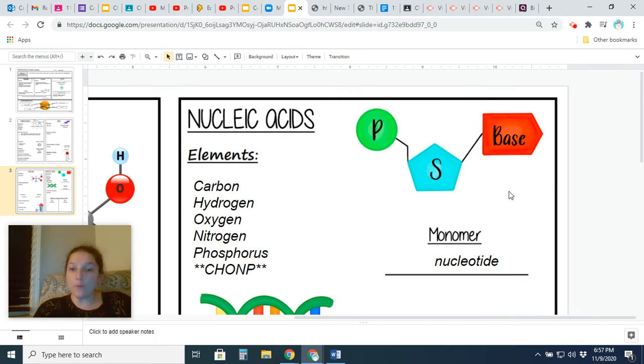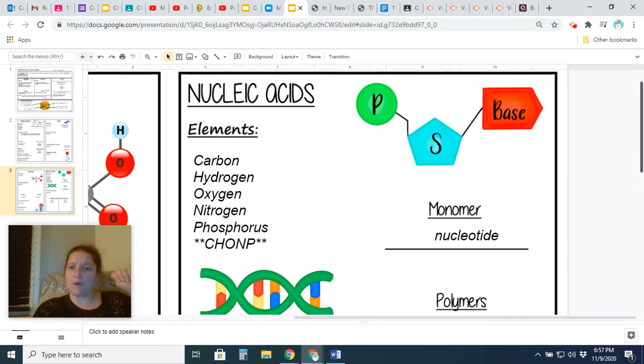Once more, this is a model of a nucleotide. The nucleotide is always going to be composed of a phosphate group, a pentose sugar, that's a 5-carbon sugar, and a nitrogen base. There are 4 different types of nitrogen bases, but we'll get into that in a moment.